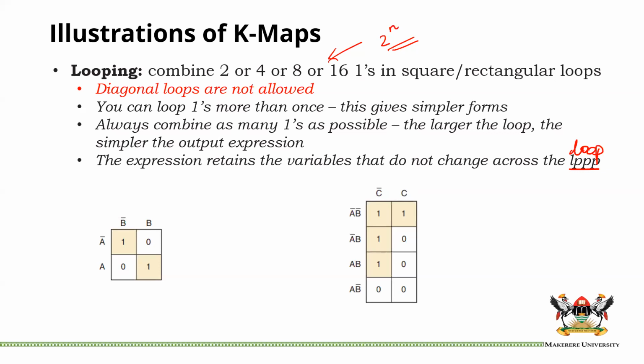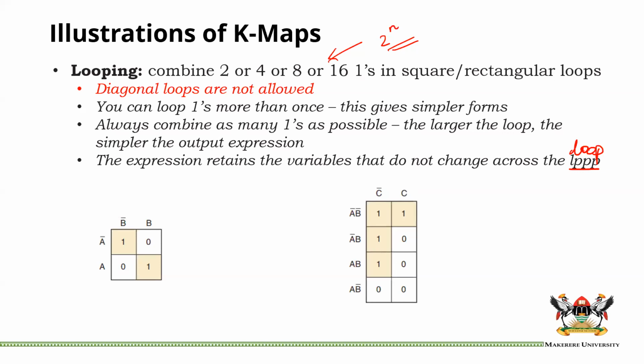Unfortunately, in our biggest map, which is the 4-input map, the total number of states is 16. But if we had bigger maps, we could loop 32, we could loop 64. Again, we loop a number of ones which is a power of 2.